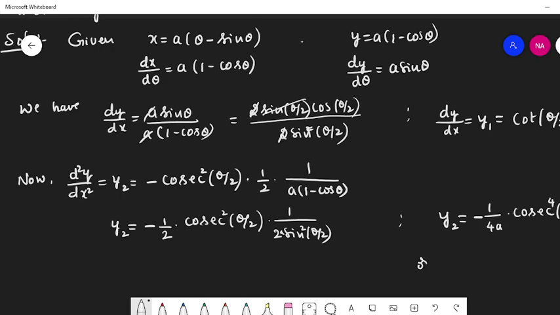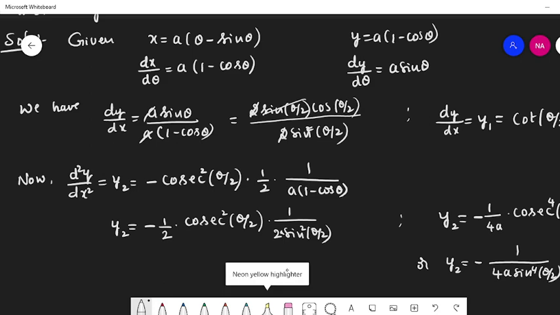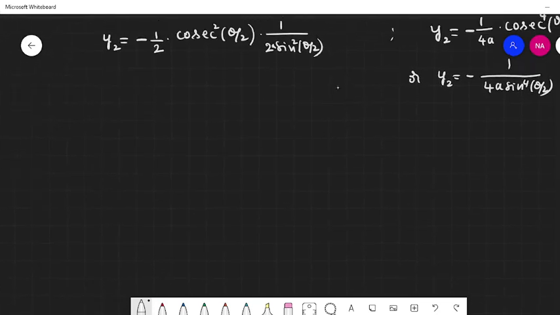Or you can write y2, it is always easier if I write the expression in terms of sin and cos: minus 1 by 4a sin power 4 of theta by 2. Both are correct. Now let us proceed to determine x bar and y bar.